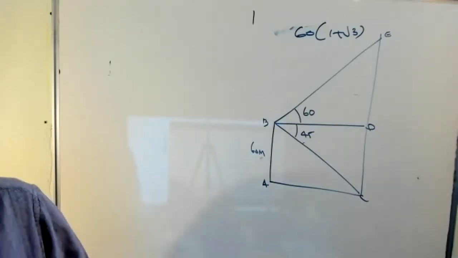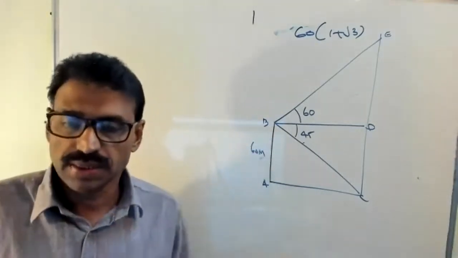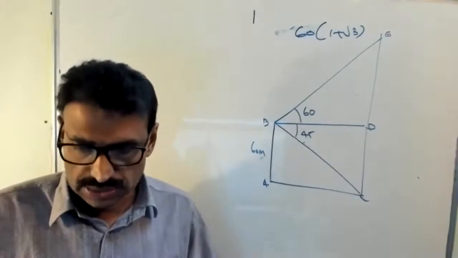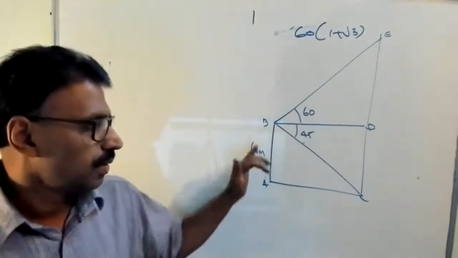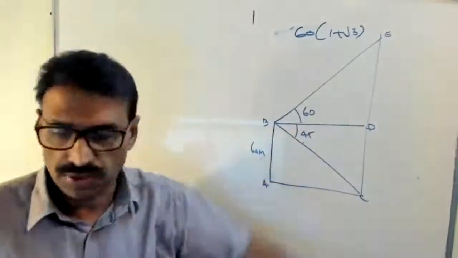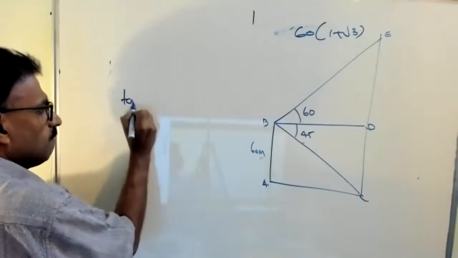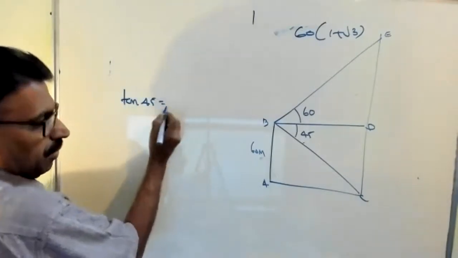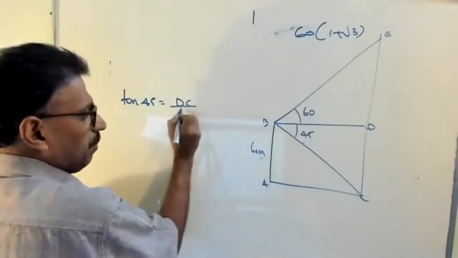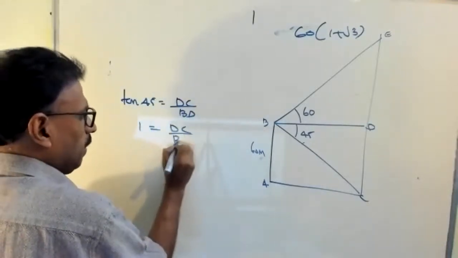Okay. See here, it's just like you're sitting near the window, 60 meter above. Then the opposite house, top is 60 degree, ground is 45 degree. Tan 45 equal to DC divided by BD. So 1 equal to DC divided by BD.